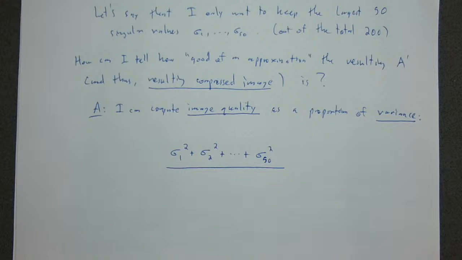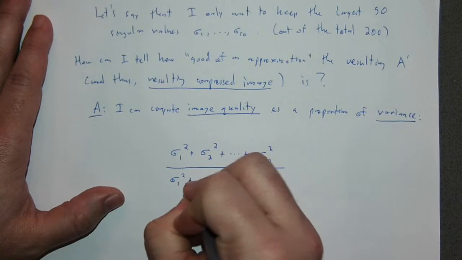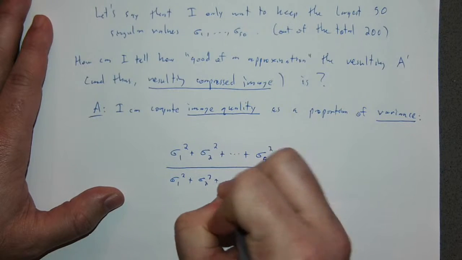Yeah, and as Gustavo said in chat, this is what I was saying when I was saying, how can you determine how much fidelity has been maintained? So this is going to give us a numerical value. I'm going to divide by the total sum of the squares of all singular values.